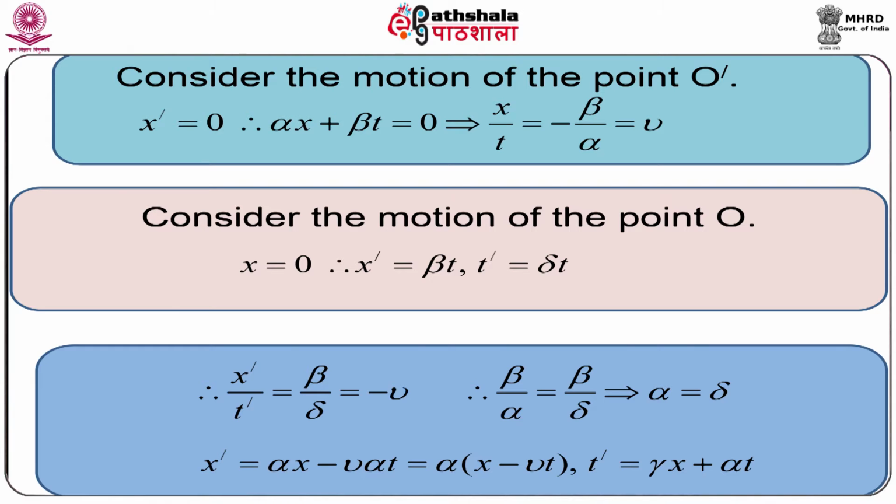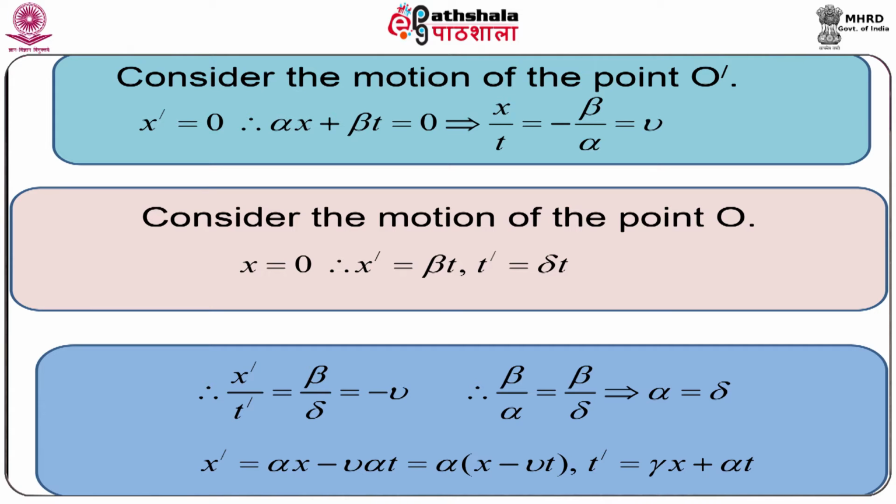This gives minus v, because if frame S dash moves with respect to frame S with a velocity v, then frame S moves with a velocity minus v with respect to S dash. Therefore, we have x dash divided by t dash equal to beta divided by delta equal to minus v. From this and this, we get beta divided by alpha equal to beta divided by delta, which implies alpha equal to delta.